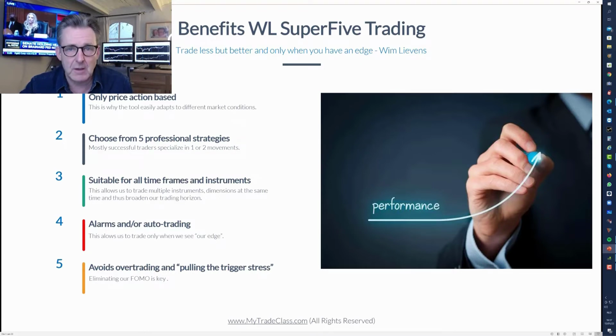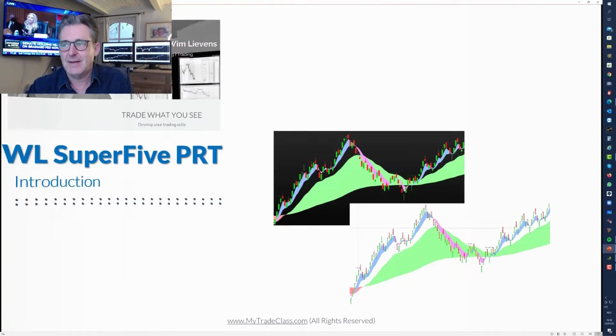You can set alarms, of course, and even activate auto trading or automatic trading. Now, the most important feature, I think, is that this tool will avoid over trading, or it will make people trade less, but hopefully better. Over trading is a huge issue, and we'll get to that in a minute.